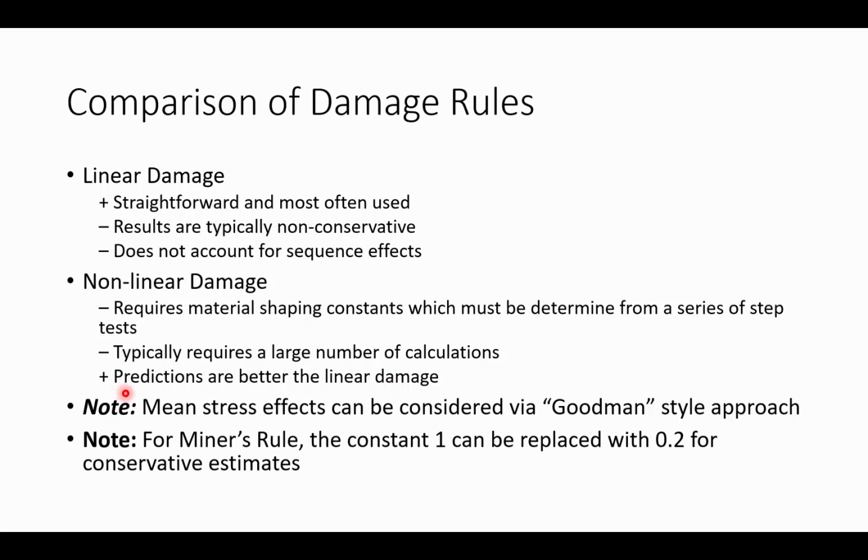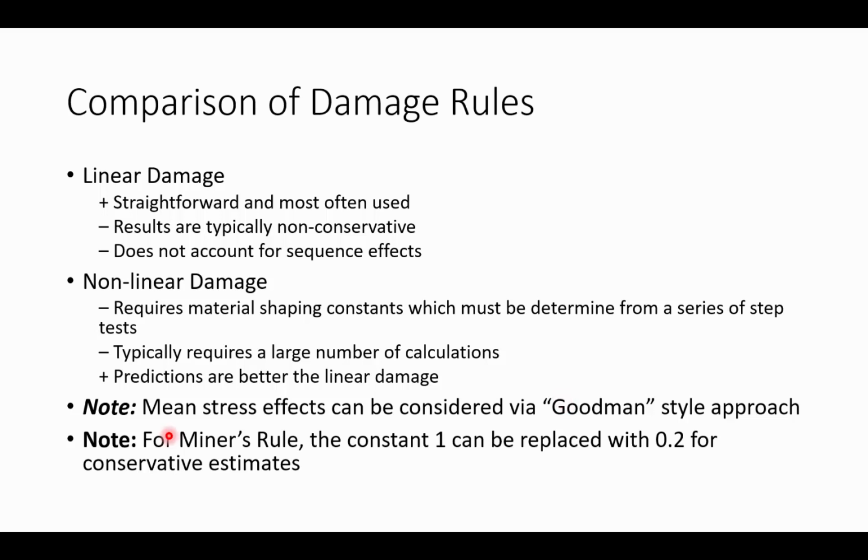Some things to note: mean stress effect can be considered using a Goodman style approach, where we apply the modified Goodman equation and then can produce a fully reversed stress amplitude to use in our stress life equations.